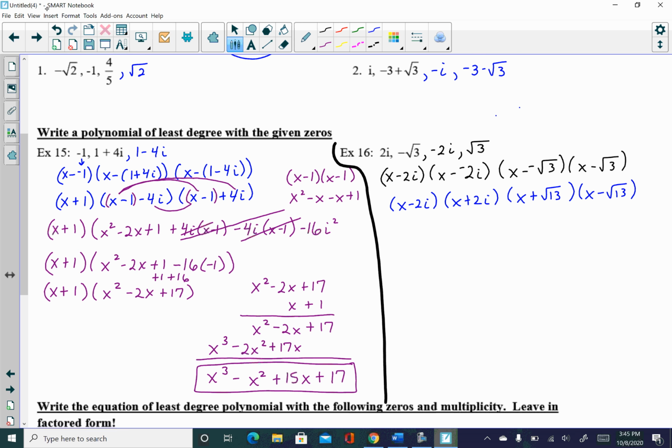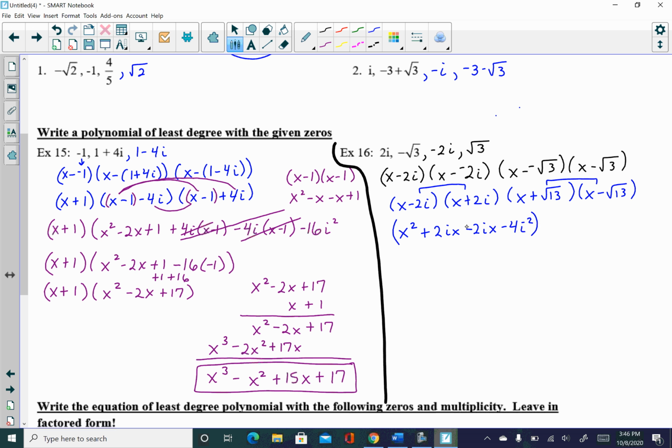And now what I would recommend that we do is that we FOIL the first two together, get that cleaned up, FOIL the last two together, get those cleaned up, and then FOIL again, okay? So if we FOIL at the beginning, so x times x, x squared, outside plus 2ix, inside minus 2ix, last minus 4i squared.